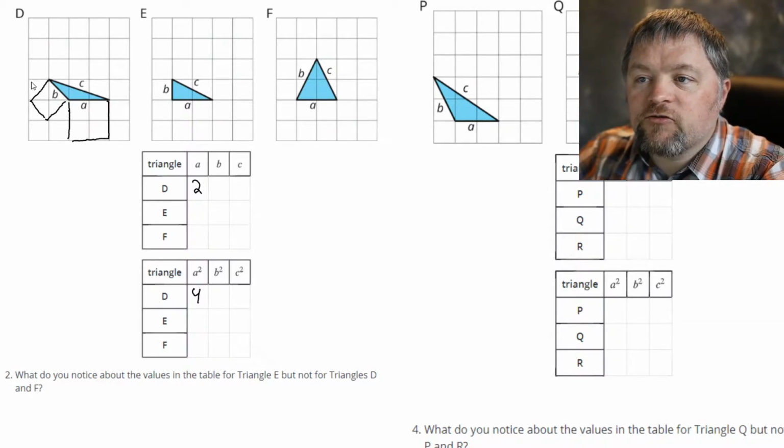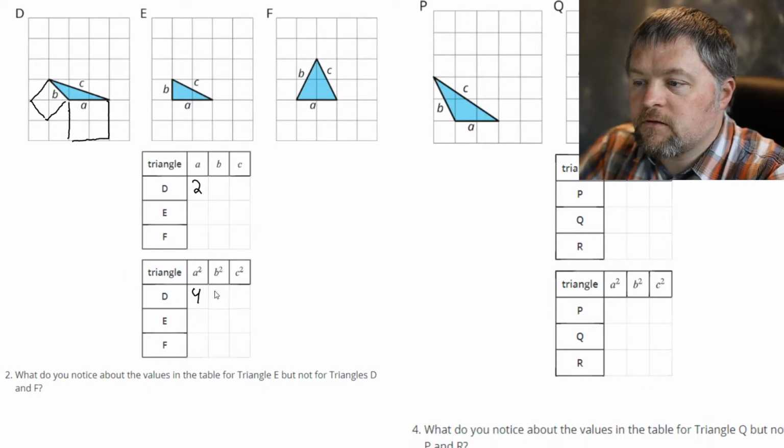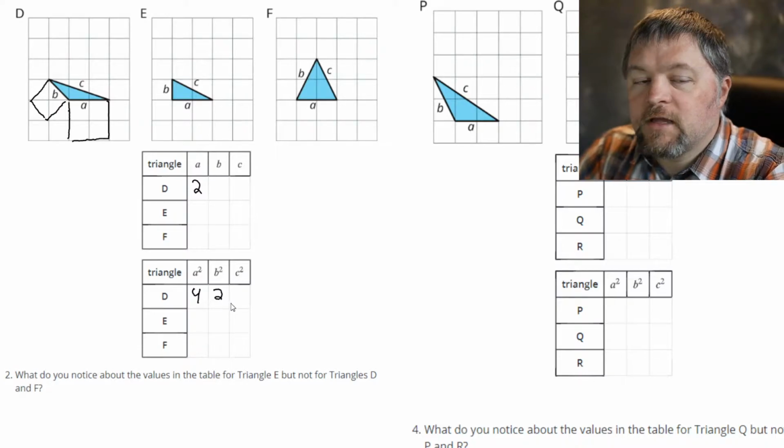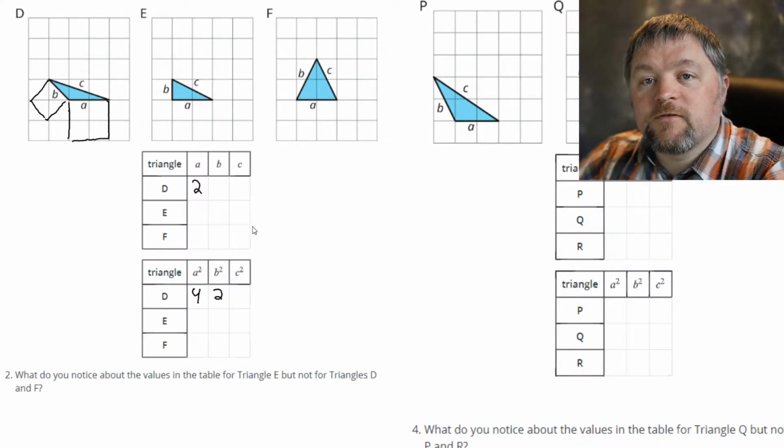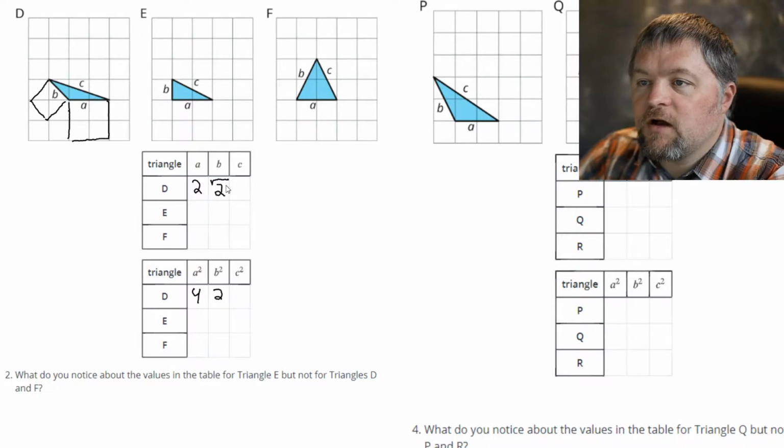Each of these outer triangles is 1 by 1. 1 times 1 is 1, over 2 is 1/2. So the area of those outer ones is 1/2 plus 1/2 plus 1/2 plus 1/2, which is 2, which means the area of this square is 2. If we know the area of a square to find its side length, we take the square root. So the length of side B is the square root of 2.